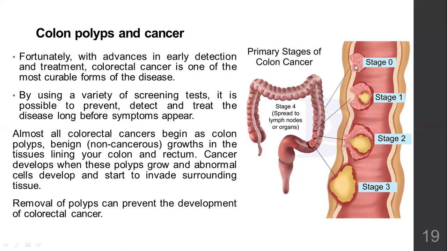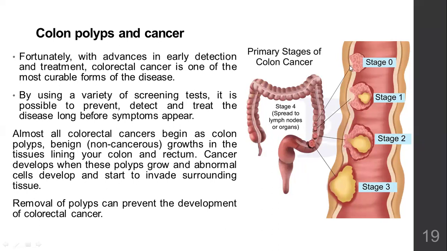They are benign, non-cancerous, and they don't spread, but from stage 1 onwards, they slowly start spreading into the muscular surface. The cancerous cells form in the polyps, and from the polyps it will start spreading into the intestinal surfaces.